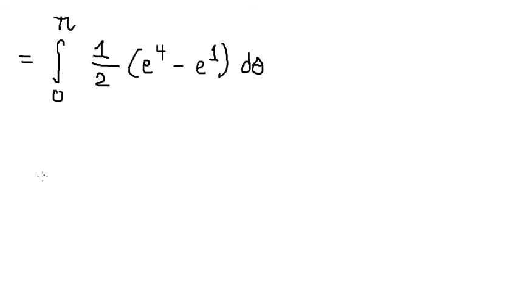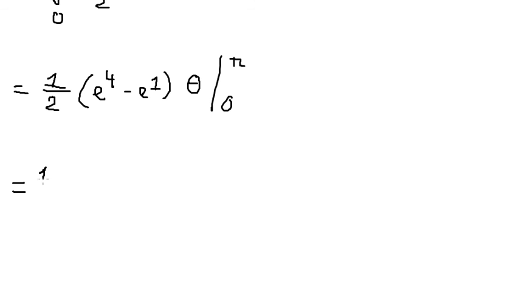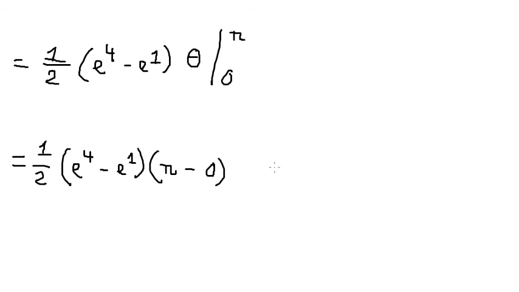And now we have the final answer. From 0 to b, now I will put b in here, 0 in here. Now we need to simplify.